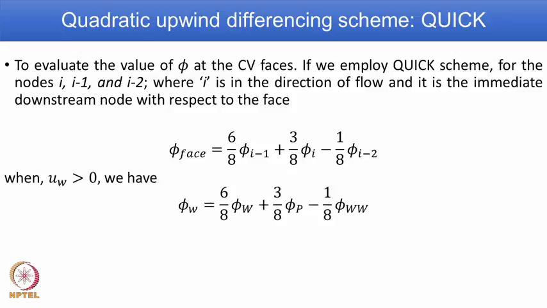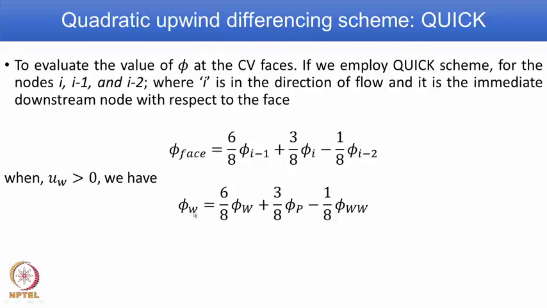Let us see how to actually get an idea of this by taking an example. So, if UW, that is your interest variable value on the west phase, happens to be greater than 0, that means it is positive, then phi at W, that is of interest, is 6 by 8, and I is given here as a node in the direction of the flow, immediate downstream.